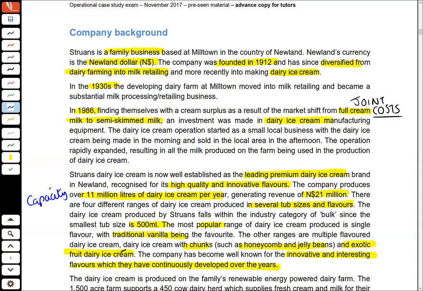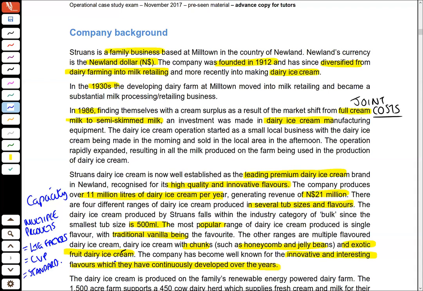So lots of things going on there. We know that they are dealing with multiple products. So when we think about multiple products, what can we think about from a P1 point of view? We can think about limiting factors. We can think about cost, volume, profit analysis. We know that we've got a small tub size of 500 ml. So obviously there are some standards, aren't there?